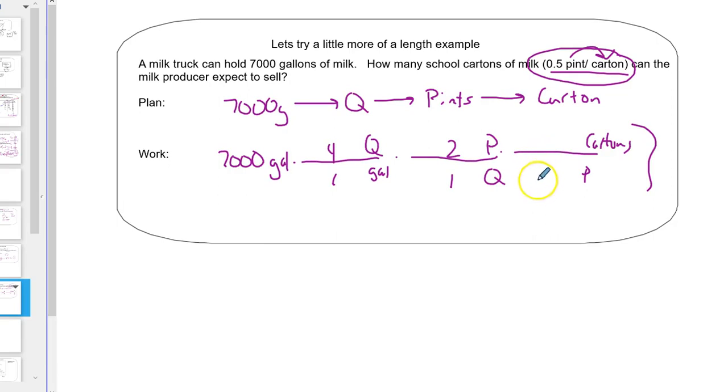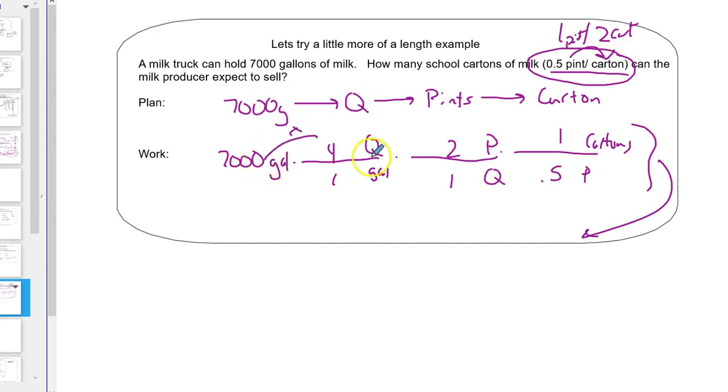This here is 0.5 pints per 1 carton. Or you could have done 2 cartons for every 1 pint. That's the same equivalency.